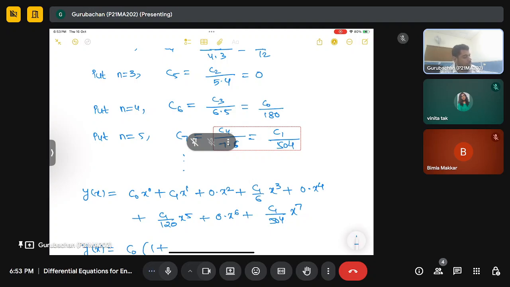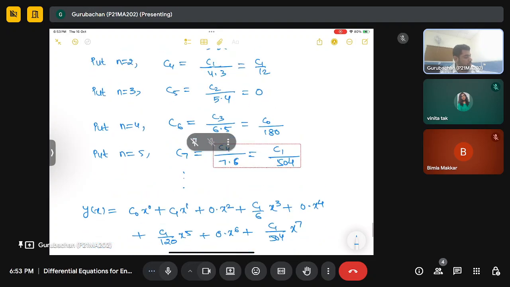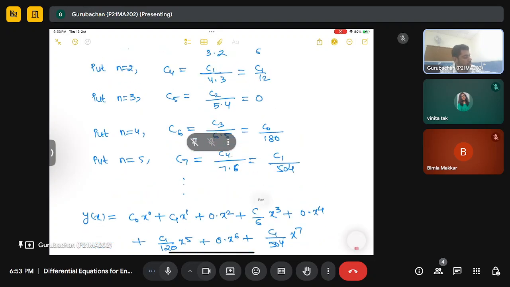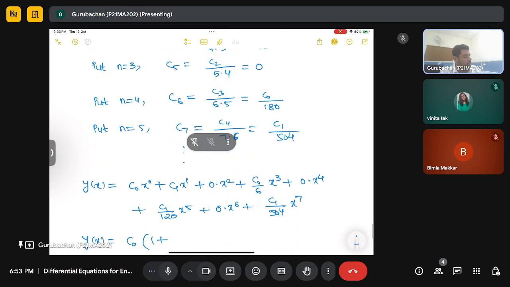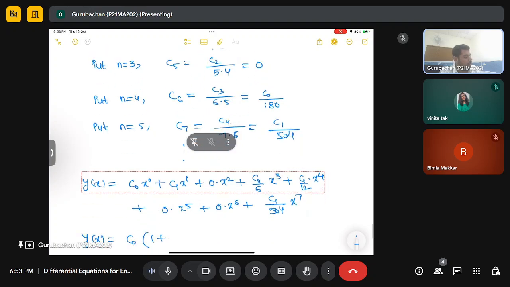Next is 0 times x to the power 2. c3 will be 1 by 6 with c naught, and c4 is c1 by 12, and c5 will be 0. Next is c6, which is c naught by 180.